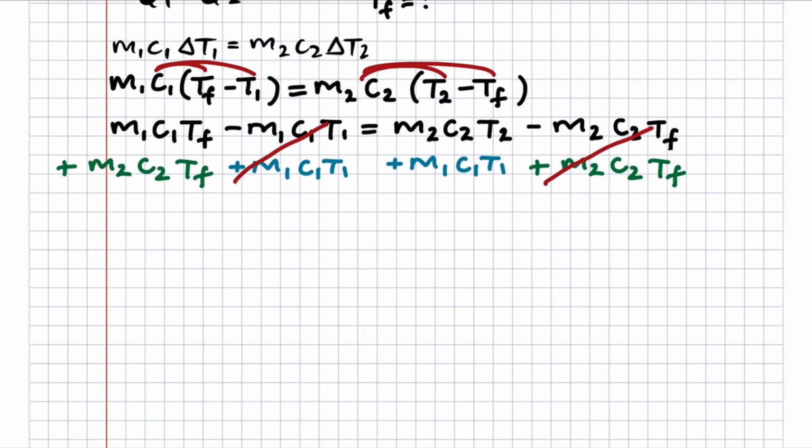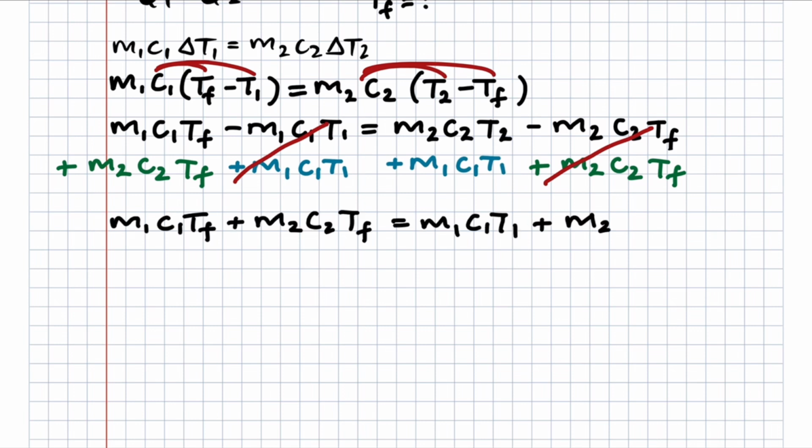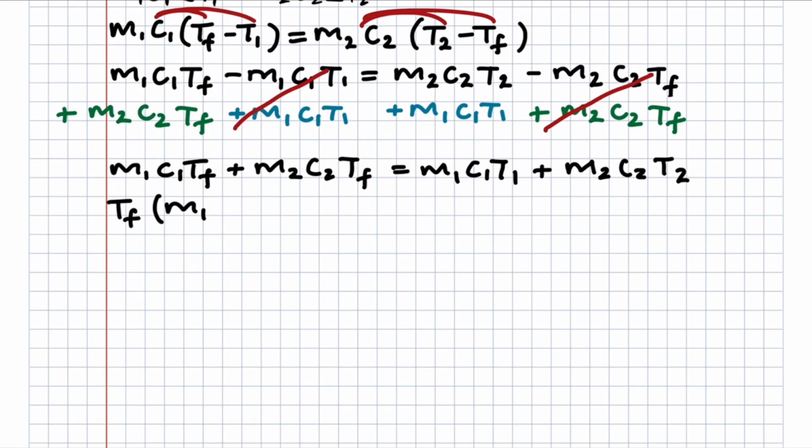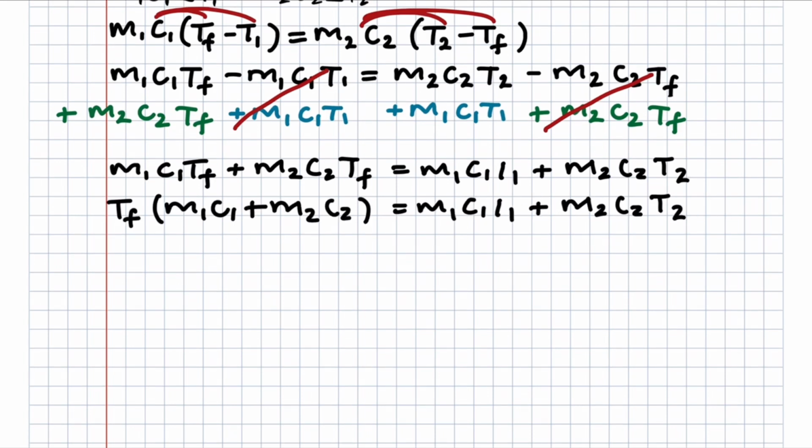This is what I'm going to have after that. Now we can factor out T final. And of course, because we want to solve for T final, we'll just divide by my expression inside the parentheses.